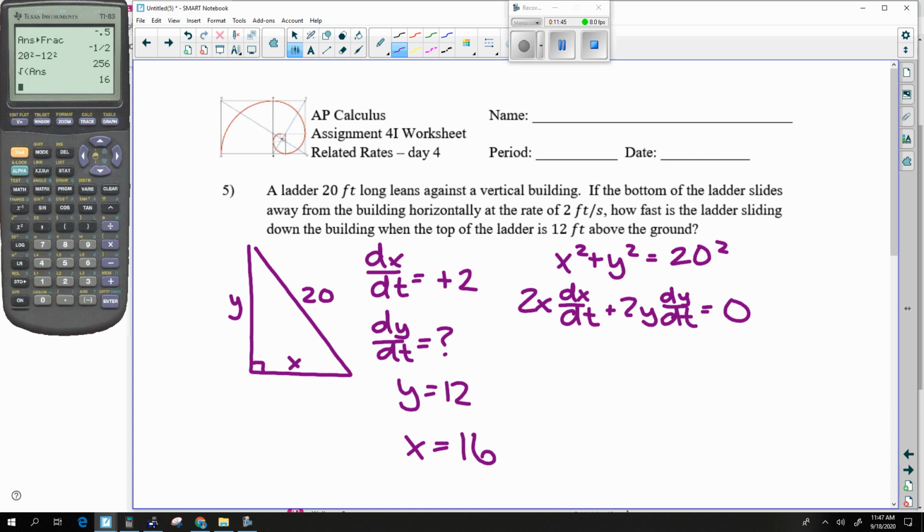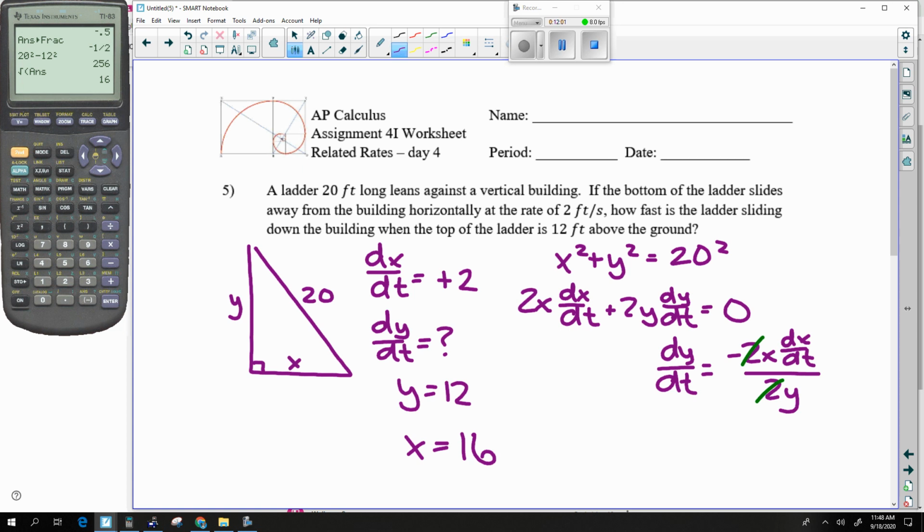The question is, what is dy/dt? That would be a subtraction of 2x dx/dt divided by 2y. So the 2's can cancel.